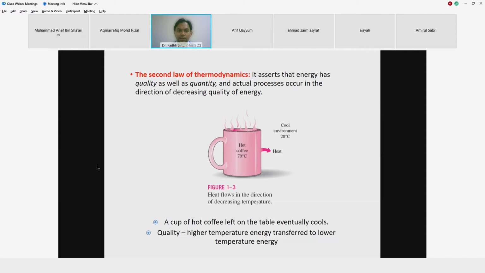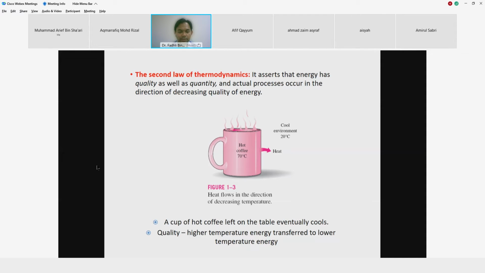For today, we just look at the definition of the law. Later on, we will look at more on the first law and second law, and we will even do some analysis based on them.